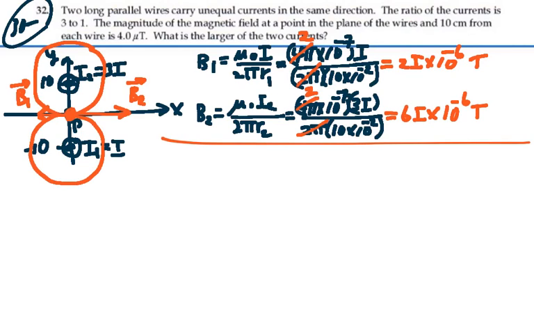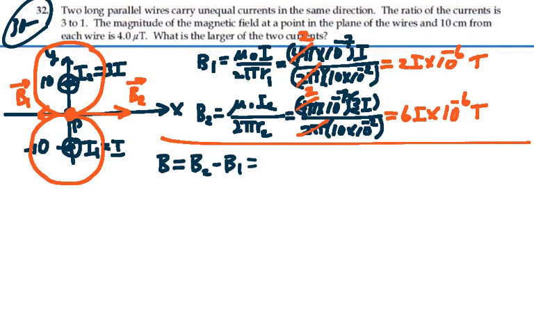We are told that the magnetic field that actually exists at that point is 4 microtesla, and it should be equal to B2 minus B1, because they're in opposite directions.